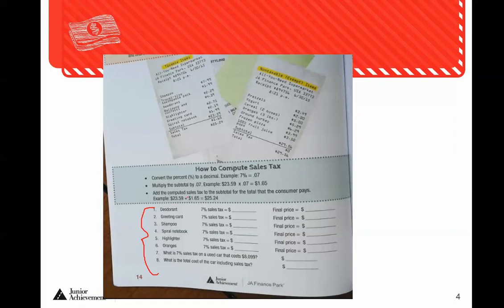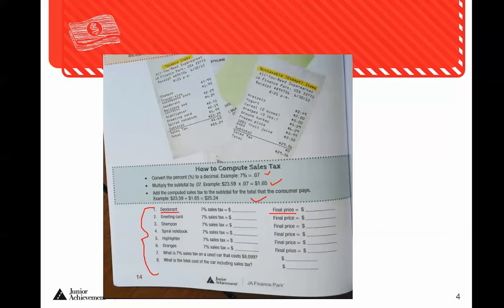The instructions say the first thing you're going to do is change the percent to a decimal, and then multiply it by the amount of money. To find the final price, we're going to add the two together, because sales tax is an additional percentage of what you pay on an item. So it's an additional cost.